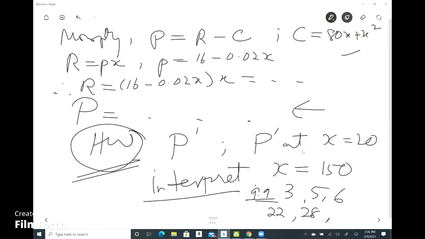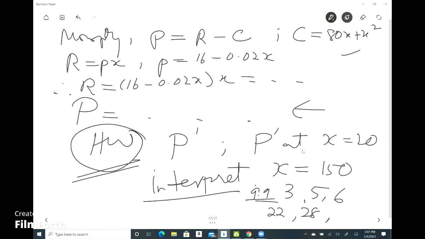I want to find a monopoly. Semua dia tak ada monopoli. Dia banyak bagi perfect competition. So I give you 22, 28.